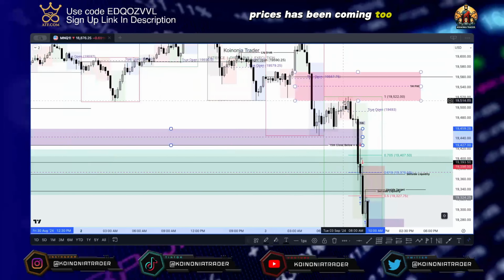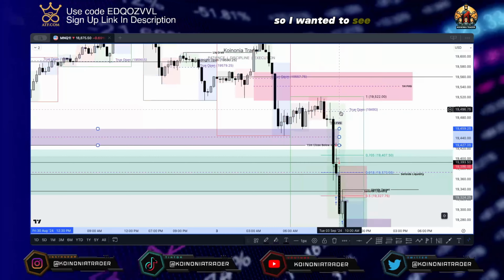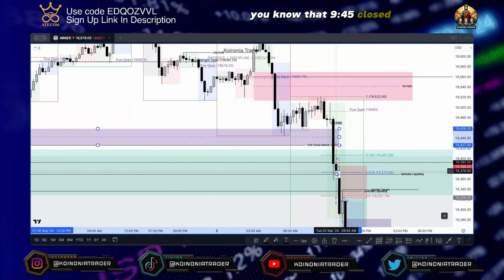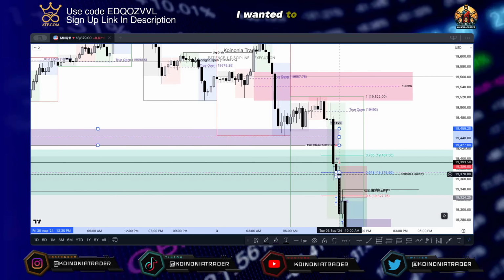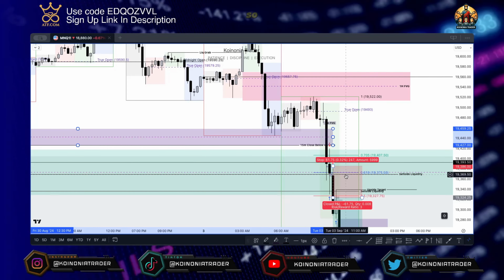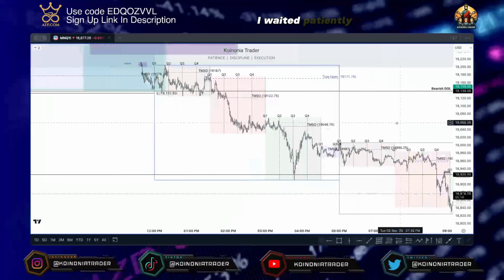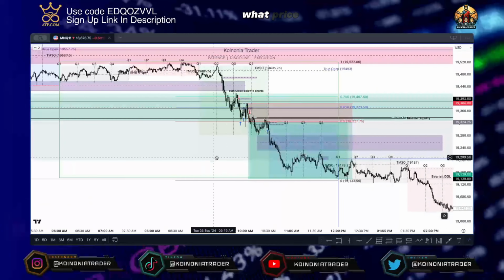Price has just been coming down too aggressively. It held this 1 hour fair value gap, so I wanted to see that 9:45 close below, and ideally at 10 o'clock I wanted to see what else it was going to do if I didn't find any kind of entry. So going into the 1 minute time frame, I waited patiently to see what price was going to do.